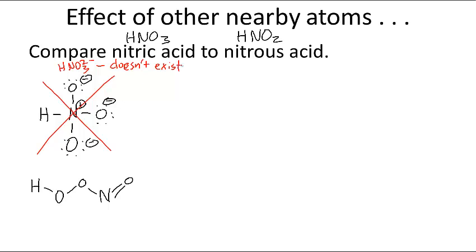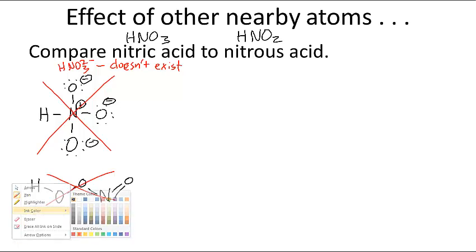This second one that I drew down here, it violates one of the rules that we said you try and avoid: bonding oxygen to other oxygens. Those are generally really weak bonds. So that one doesn't work.